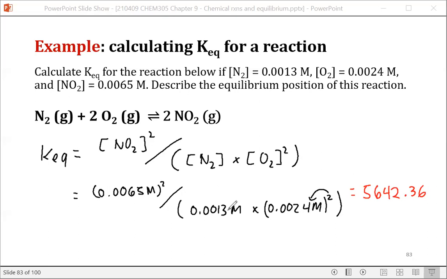And we would want to round this to 2 sig figs, since we have 2 sig figs in each of our given values. So 5.6 times 10 to the third.